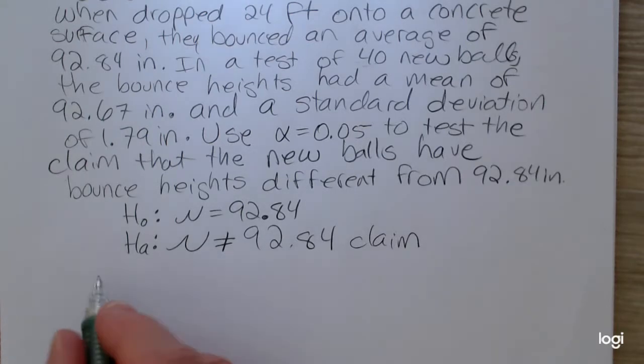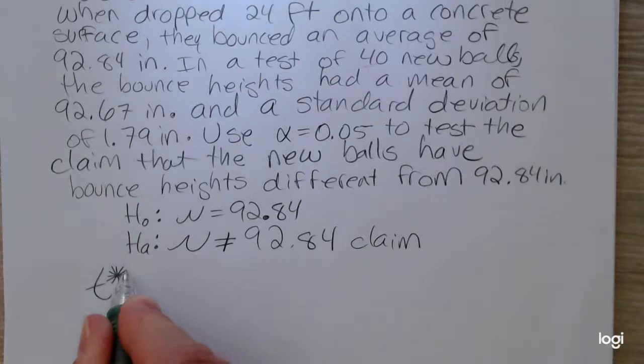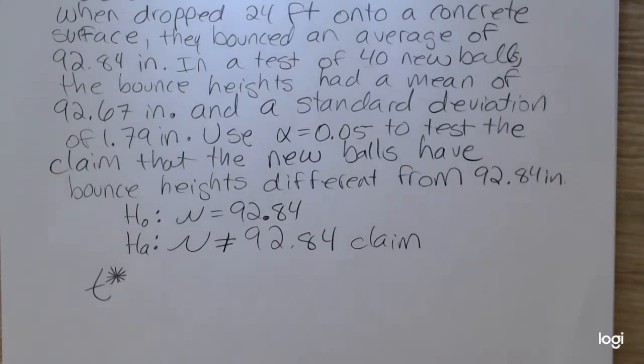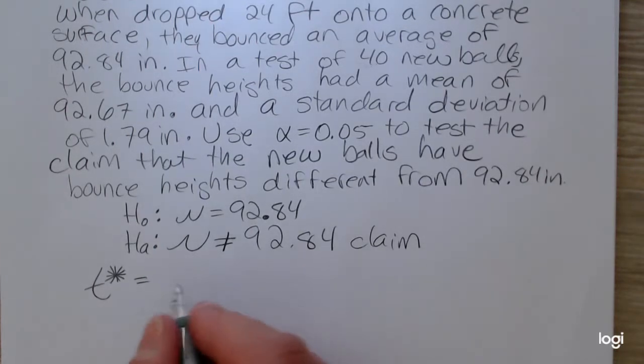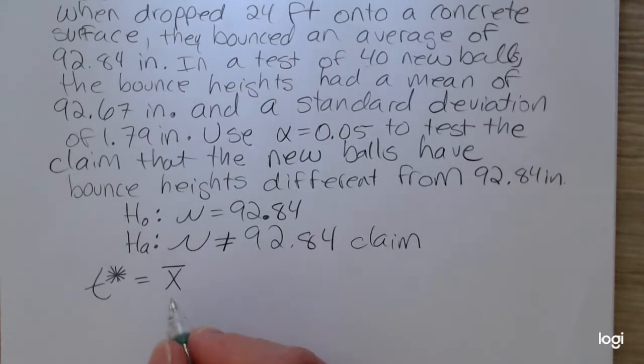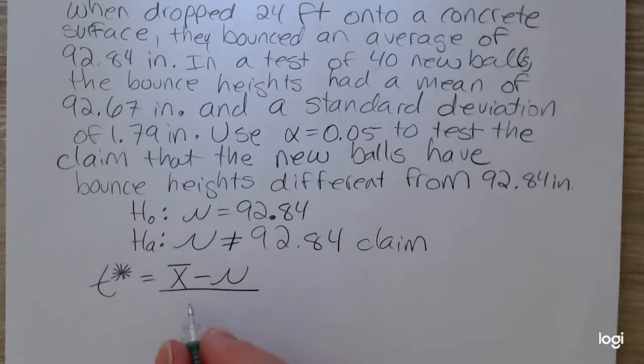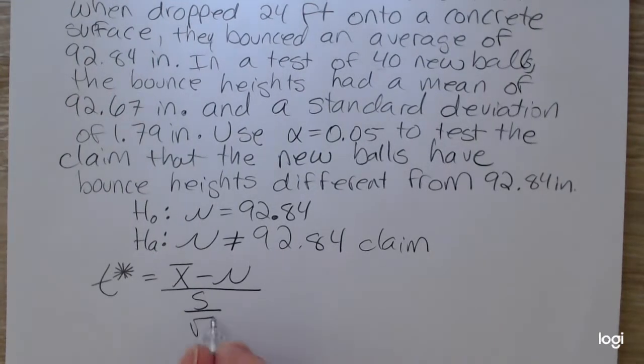Our standardized test statistic, again I like to use an asterisk for my test statistic, follows the same structure as the standardized test statistic does for a z-test. It's what we observe, our point estimate, which is x bar, minus the claimed or hypothesized parameter, over s over the square root of n.